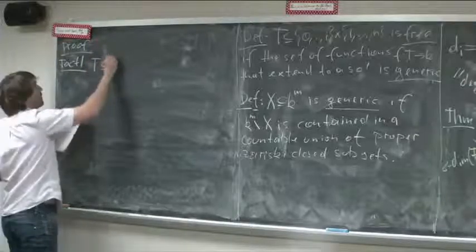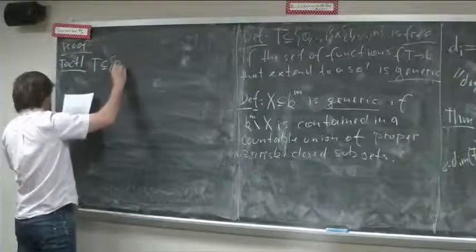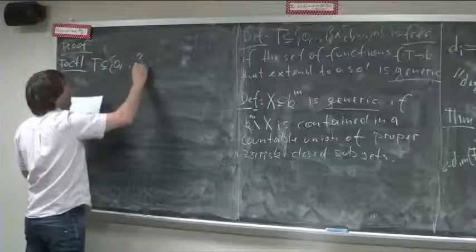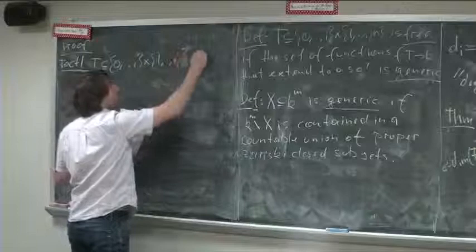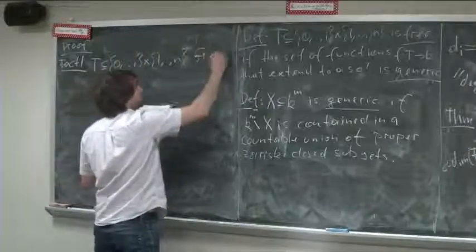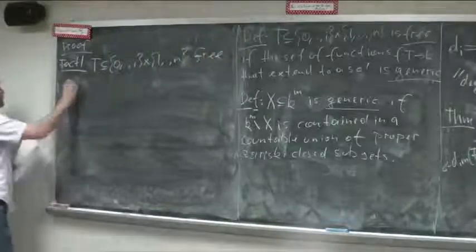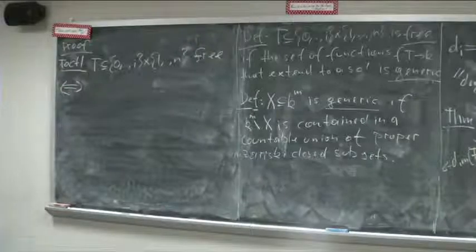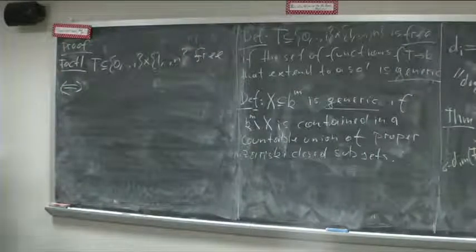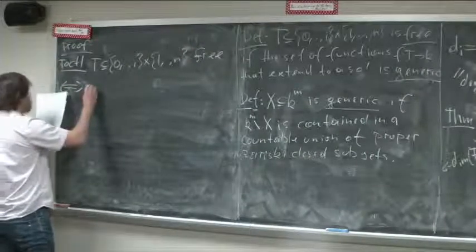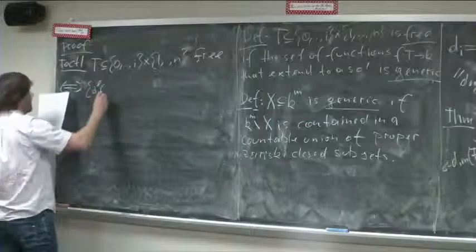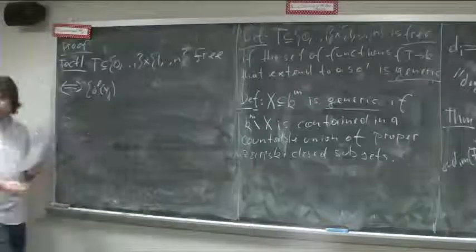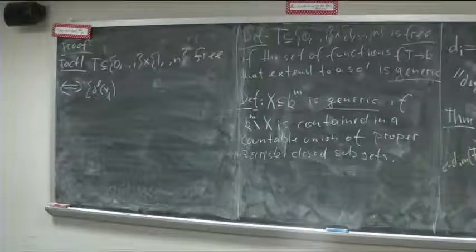There's a purely algebraic characterization of those sets which are free. So T is free if and only if you look at the corresponding subset of difference variables. Explain the definition in 10 minutes, right? Okay, sure, no problem.